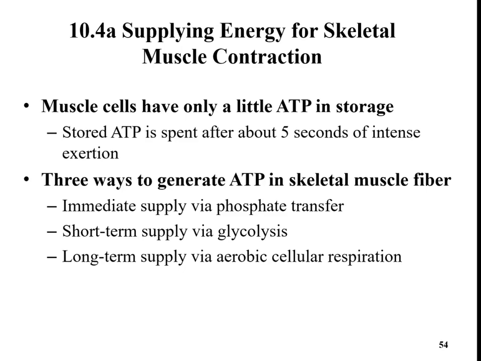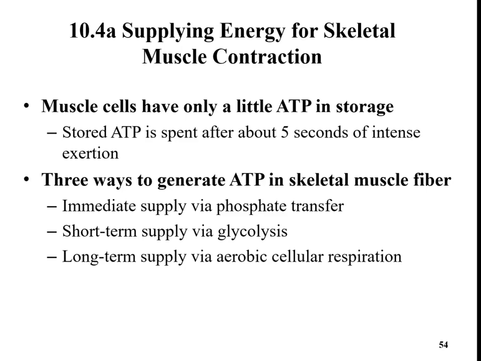There's an immediate supply via phosphate transfer. I'll show you that in a sec. There's a short-term supply via glycolysis, and go back to chapter 3, where we learned essentially a whole semester of biochemistry in a week. And you will recall that glycolysis is kind of that first step in that oxidative pathway for glucose.